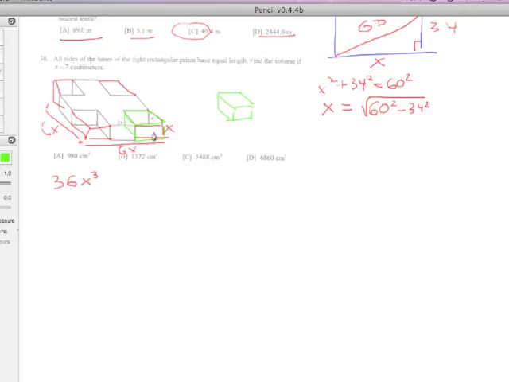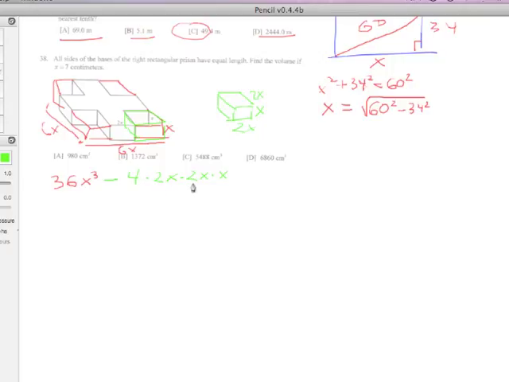The dimensions of those boxes, it's going to be x high, right? That's pretty easy, and it's going to be 2x by 2x. So the volume is going to be 2x times 2x times x. So we have to subtract 4 of those. 4 times 2x times 2x times x.